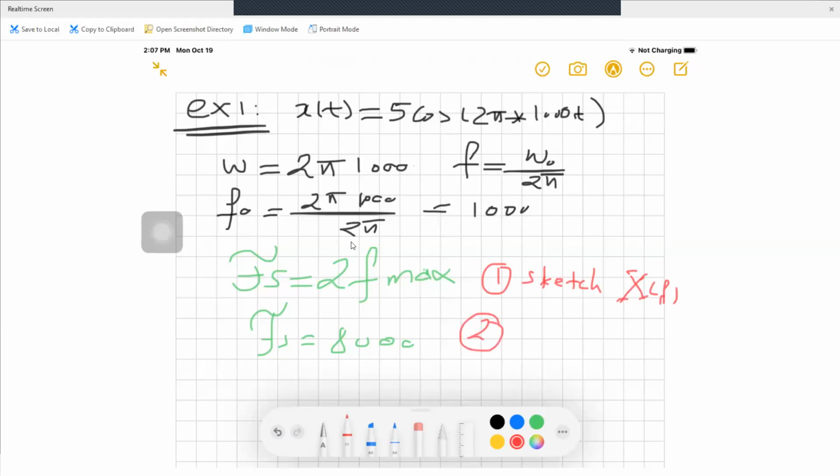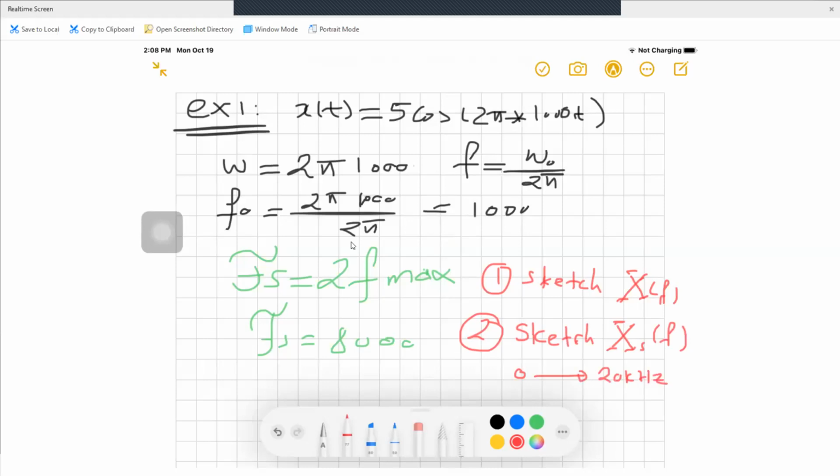Requirement number 2: sketch the spectrum for the sampled signal from 0 to 20 kilohertz. What do I mean by the sampled signal? I mean sketch the spectrum X S of f in the range of 0 up to 20 kilohertz. That's it, no more, no less.